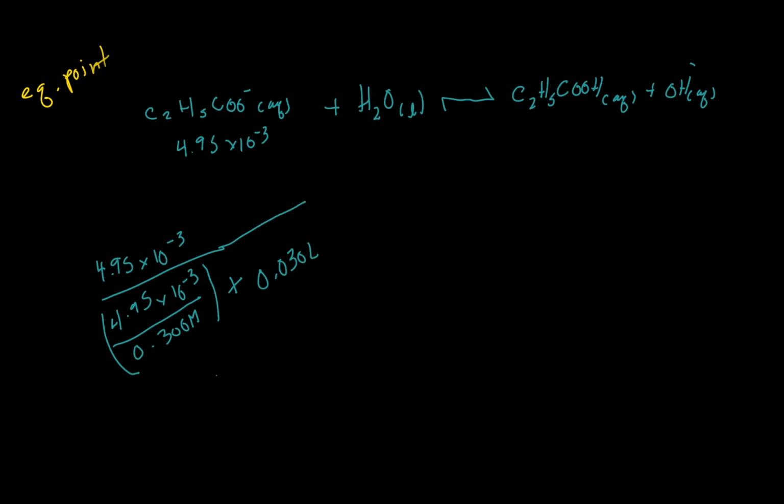If we calculate this, 4.95 times 10 to the negative 3 divided by 0.3, plus 0.03, I've got 0.106452. Again, we're taking a whole bunch of extra significant figures over what we need.